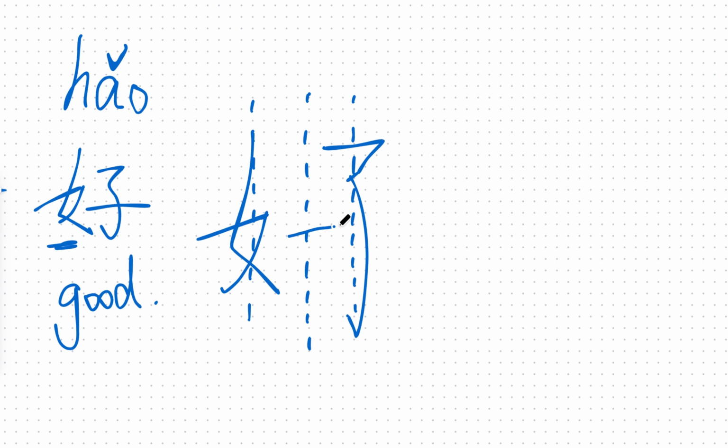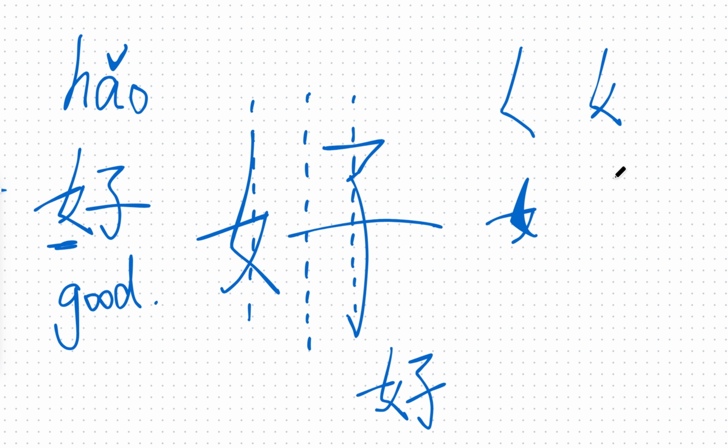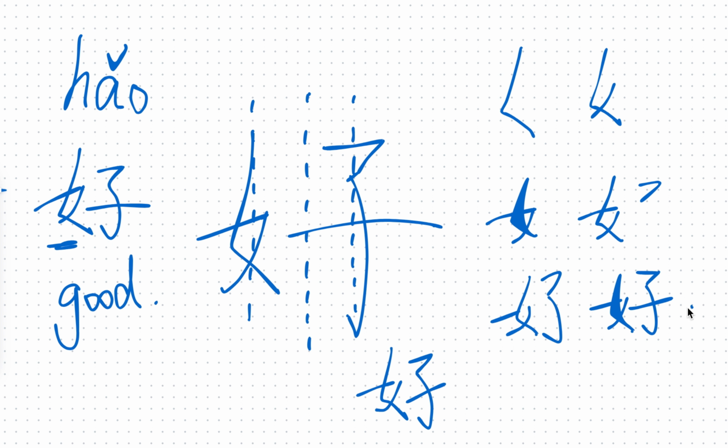The third stroke and this. 好. Okay, so the first stroke, second stroke, third stroke, 4, 5, 6.